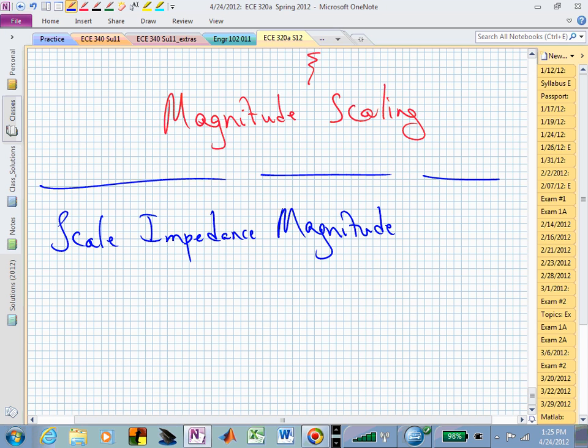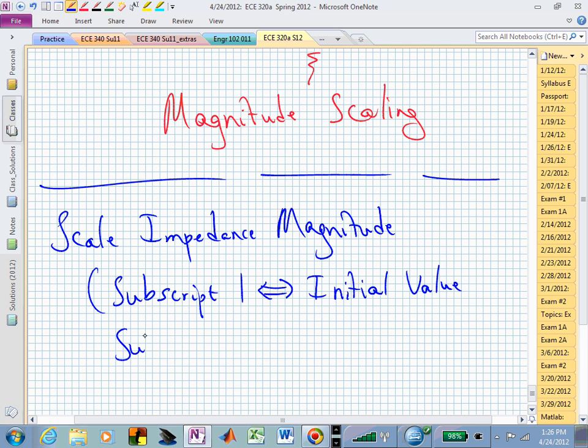Let me say that the subscript 1 corresponds to my initial value of the impedance, and subscript number 2 is my final value of the impedance.